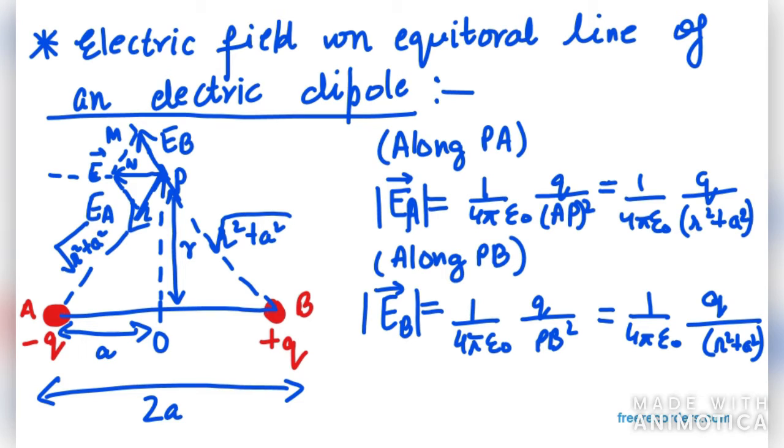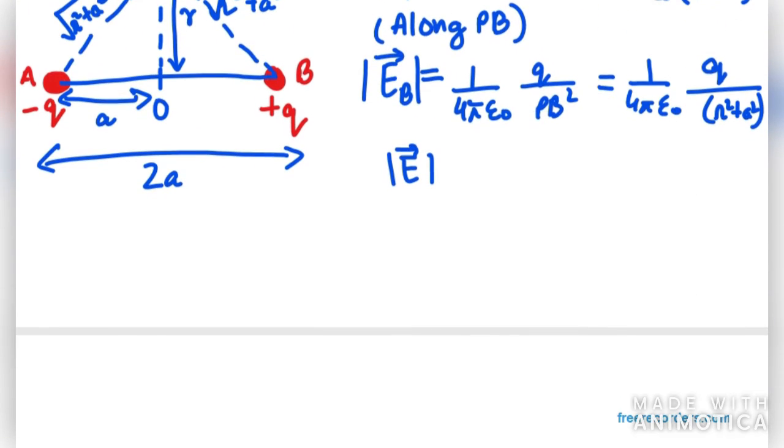Now we need to find the resultant electric field, that is vector E. So how to find that out is, as you can see here, we have a triangle law of addition of vectors. So according to that, we have to use the identity of it.